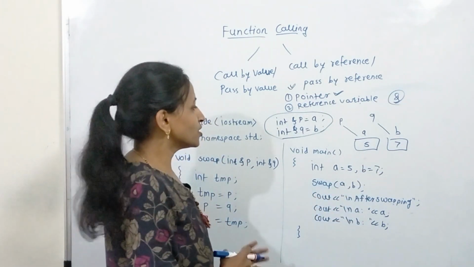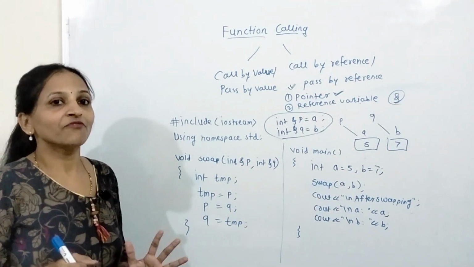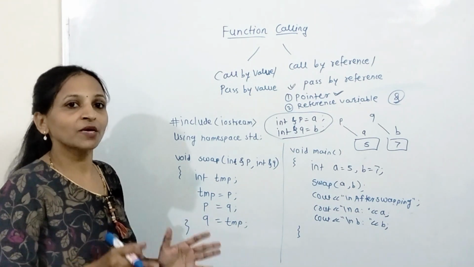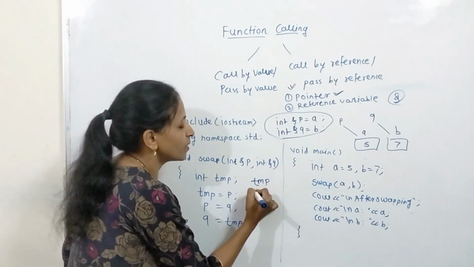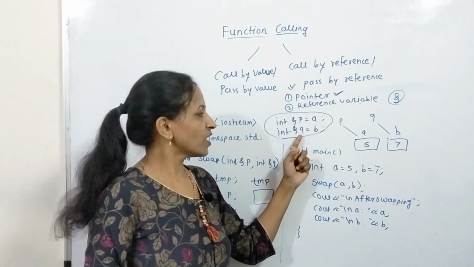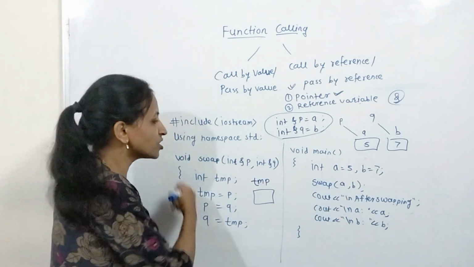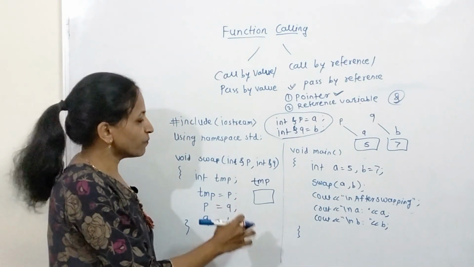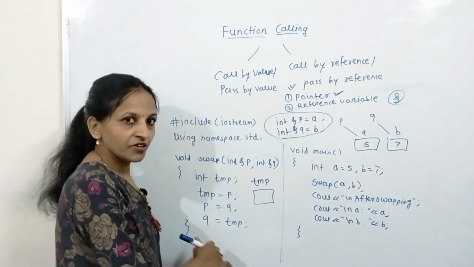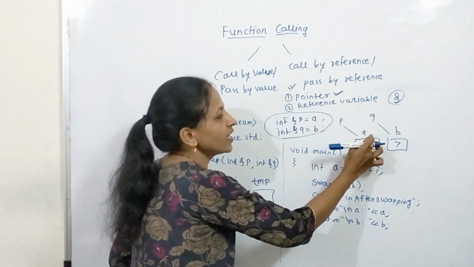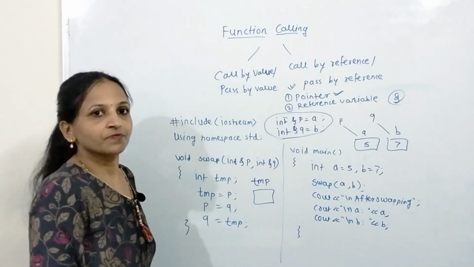We are just using the reference variable concept. In a function we are not creating any memory. For temp only memory will be created. P and q are just alternative names given to a and b for function purposes only. Whenever function execution is finished, then p and q will be lost. Means only a and b you can access here.